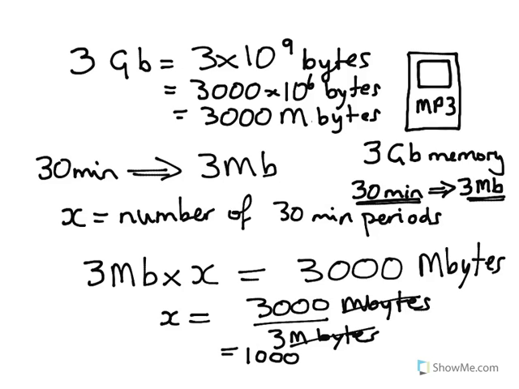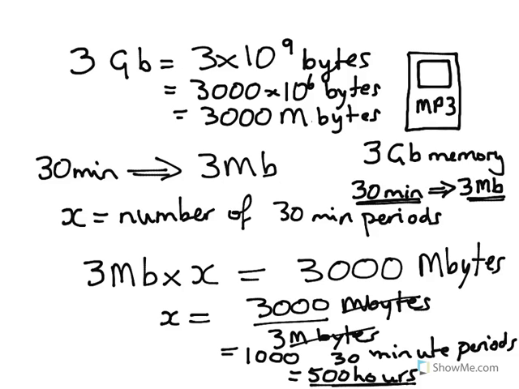Well, that's 1,000 30-minute periods, which of course is equivalent to 500 hours. So we get 500 hours of music, different songs. If we had our MP3 player connected with totally different songs, we could get 500 hours of playing time on our MP3 player.